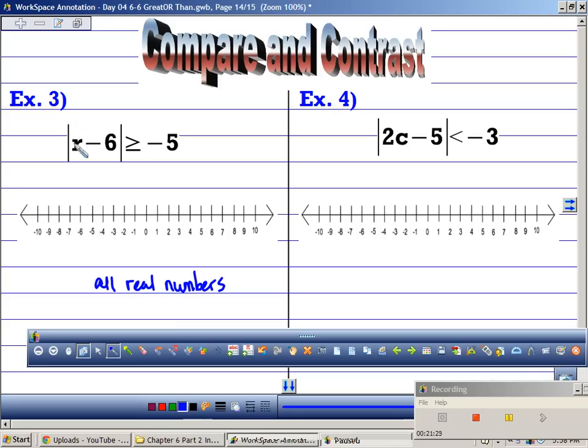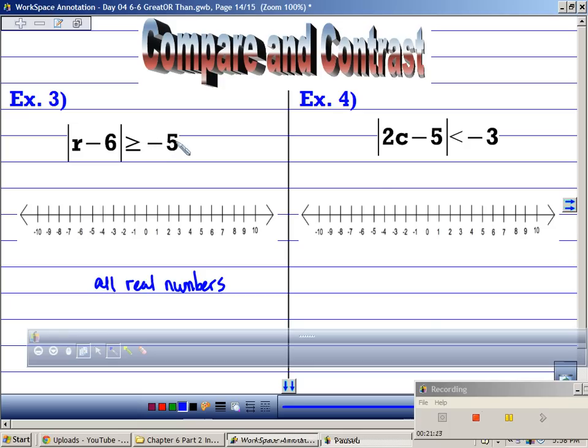Let's think about it as the distance between r and 6 has to be greater than or equal to something that doesn't exist. So the distance being greater than nothing would be everything, because you can be greater than nothing, but you can't be less than nothing.